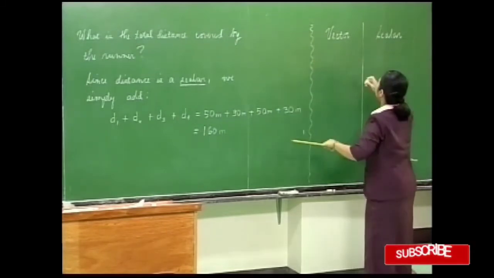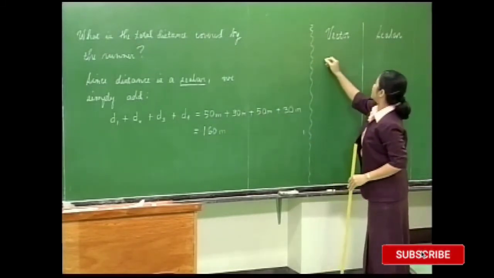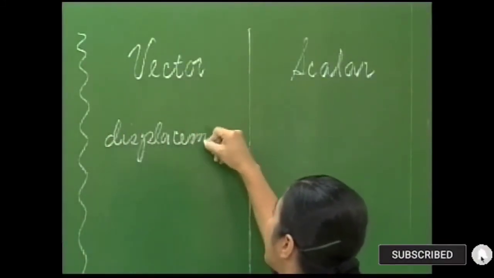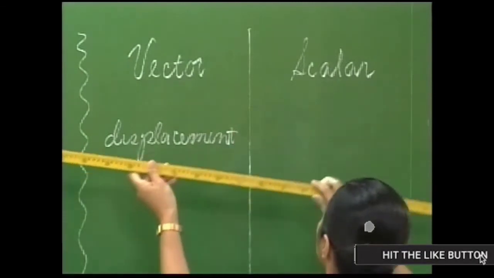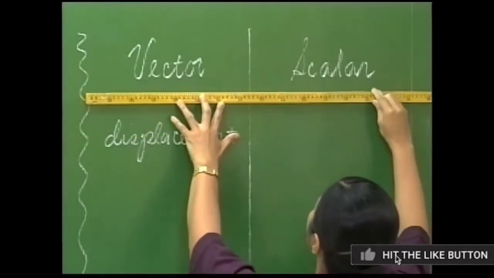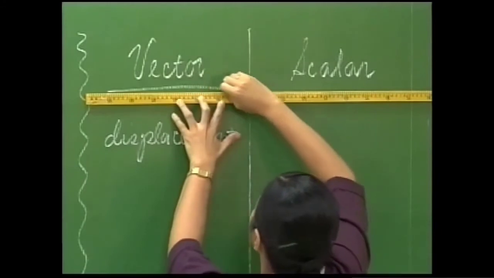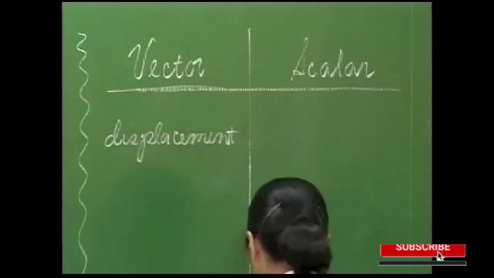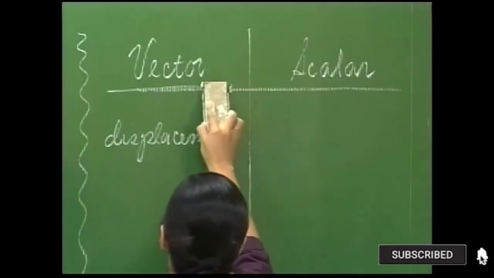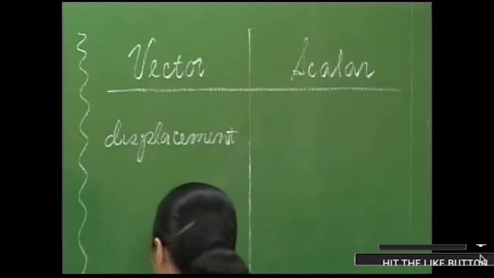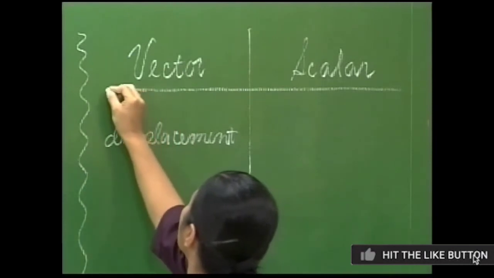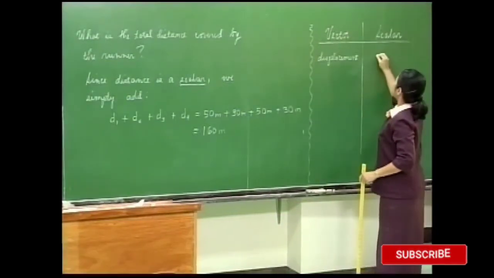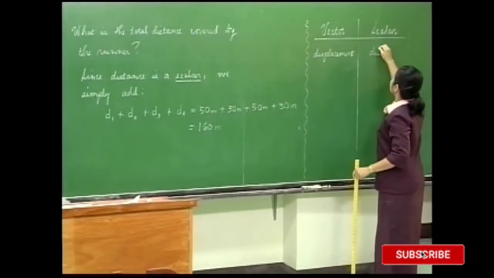So displacement is a vector. Just label this. Distance, on the other hand, is a scalar.